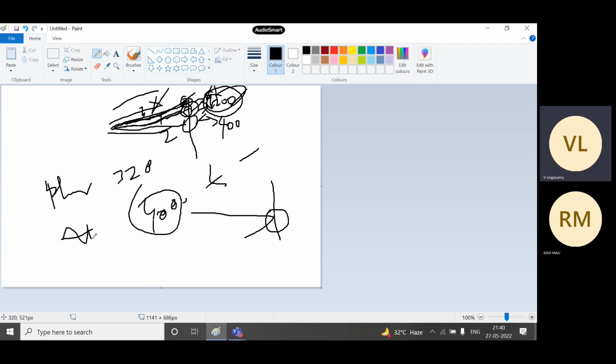This is the 360 degrees in total. If I have a delay of 1 lambda, that corresponds to 360 degrees. A delay of a quarter lambda corresponds to 90 degrees of phase shift.